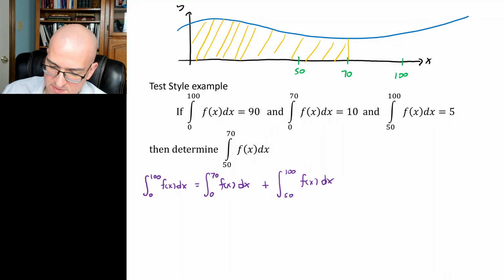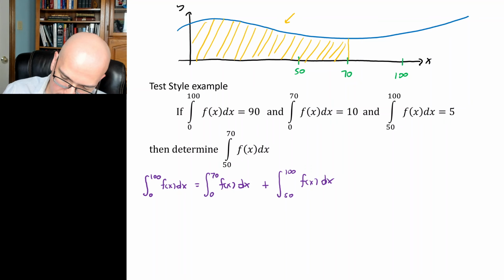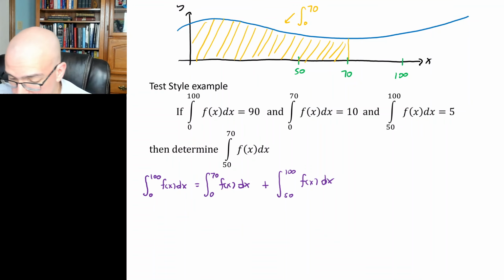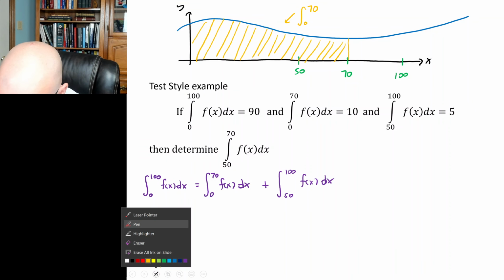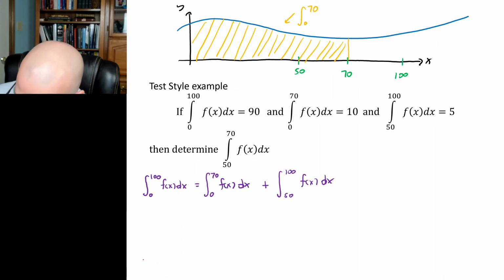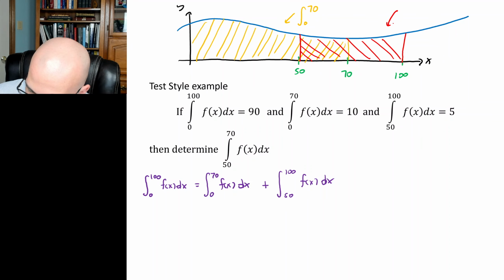So that's that region. And then I have an integral from 50 to 100. So I'll color that differently. I'll use red.